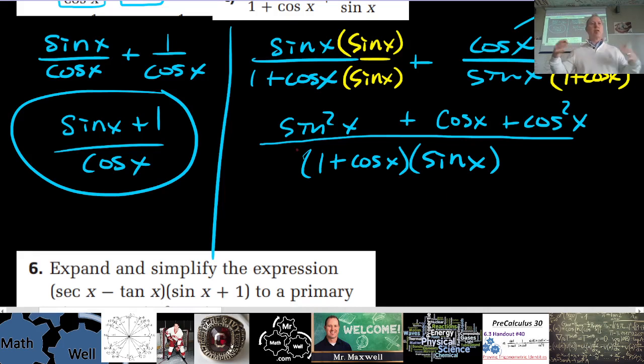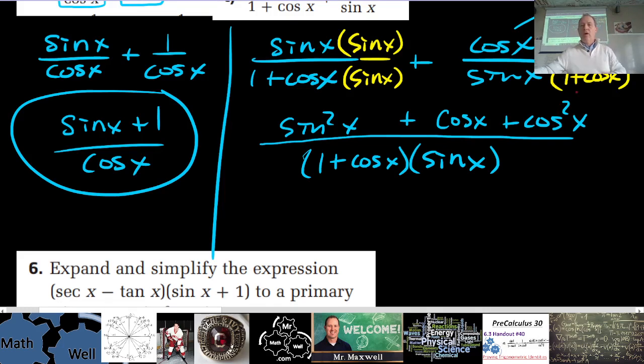Is there anything that jumps out at you that might be an identity that you could substitute something for? Sorry? Okay, sine squared x is something else. That's true. Yeah, so you could replace sine squared x with 1 minus cos squared x. Excellent. You could also replace cos squared x with 1 minus sine squared x.